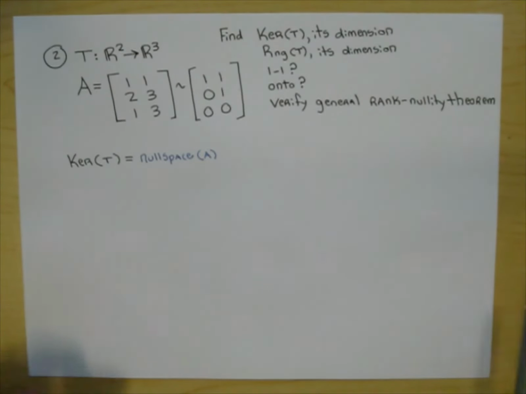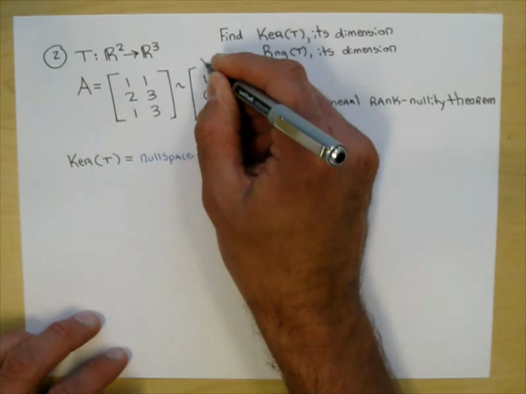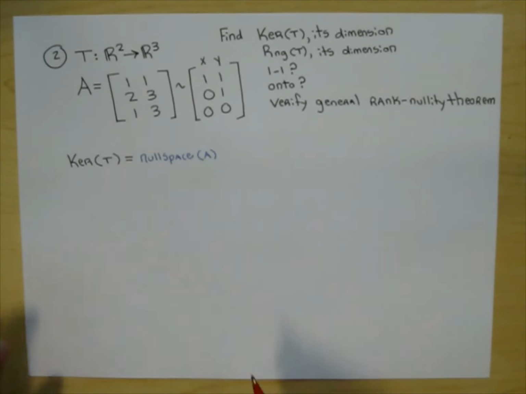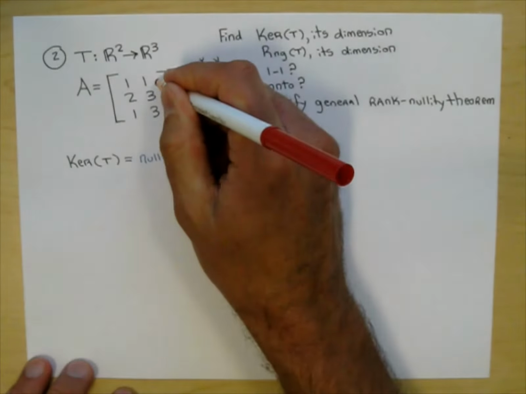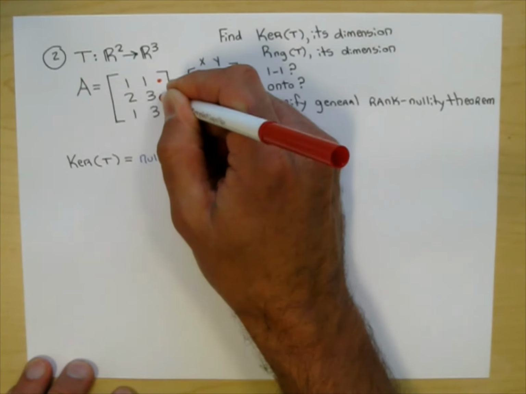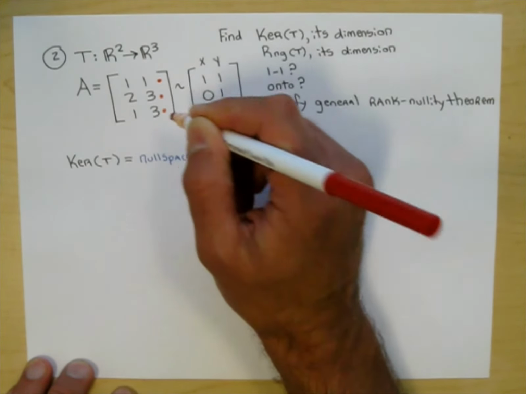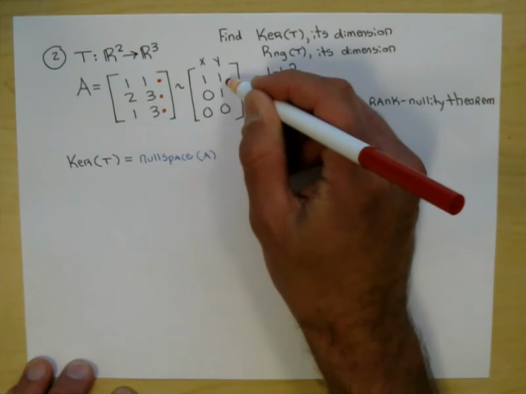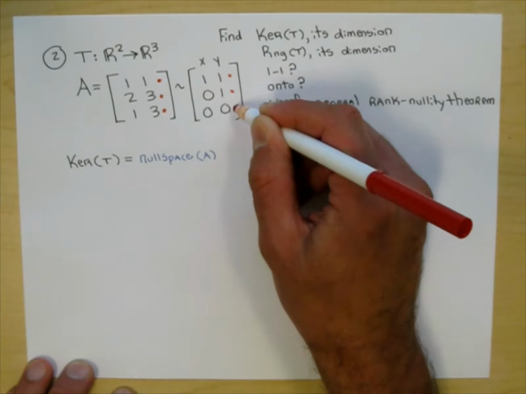Now let's take a look at A. Here's x, here's y. To find the null space of A, I'm going to do this more often in this class, and it might make some of you feel uncomfortable, but oh well. The augmented matrix would just have zeros on that last column. That's how you find the null space. So there would be a 0 here, a 0 there, and a 0 there.